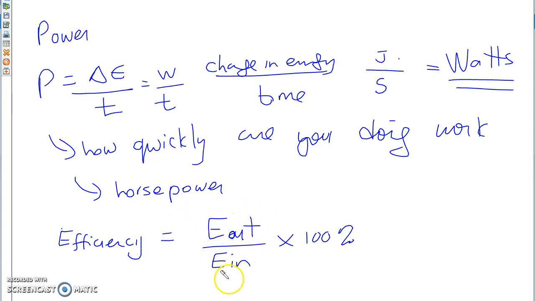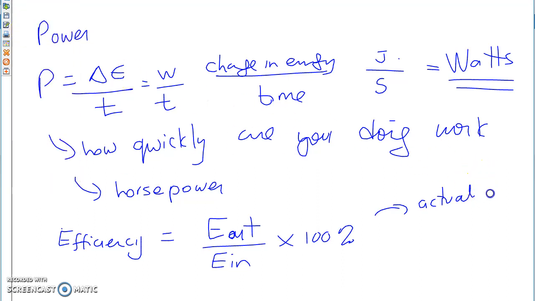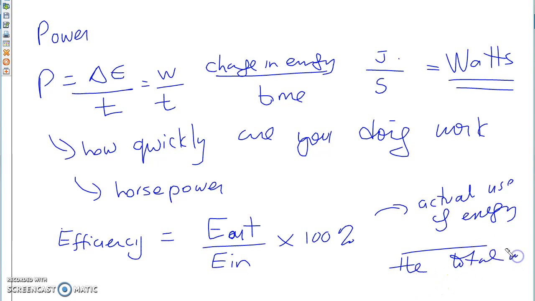Any energy, the amount of energy that you are actually using, the actual use of energy, over the total energy in the system. Actual over the total. So this is efficiency.